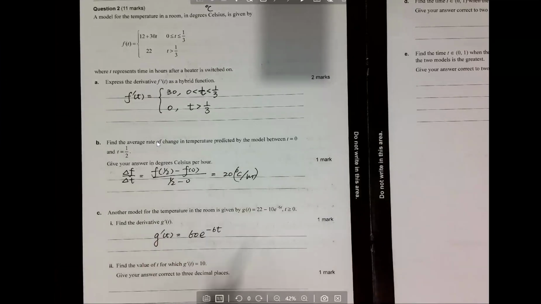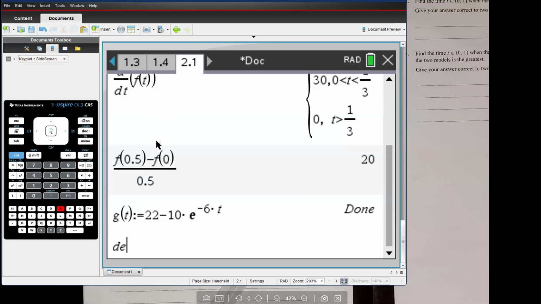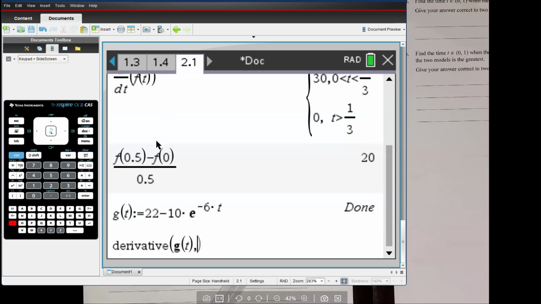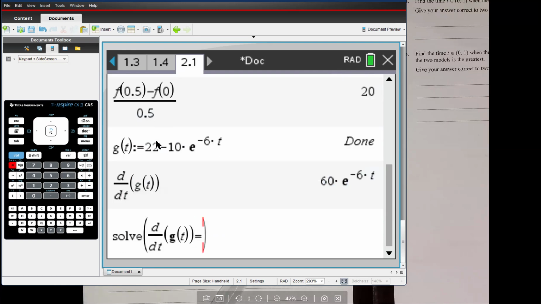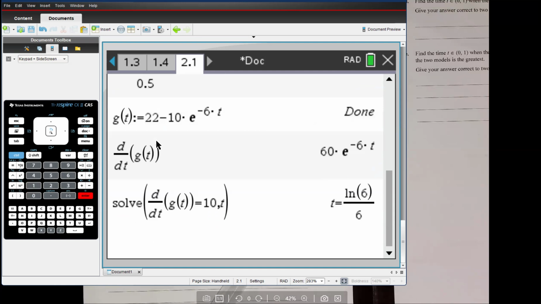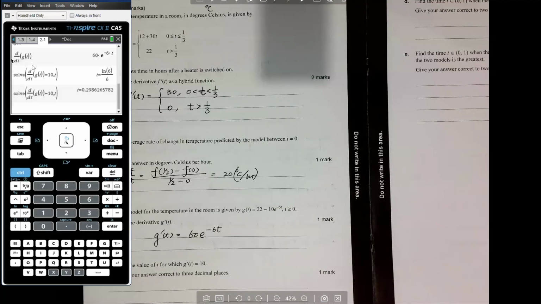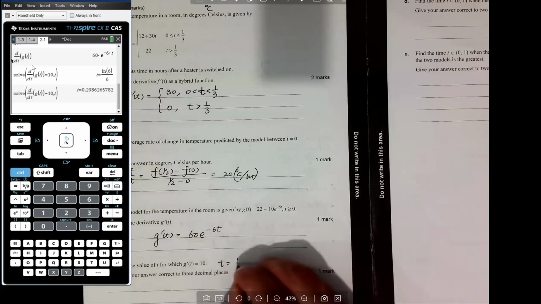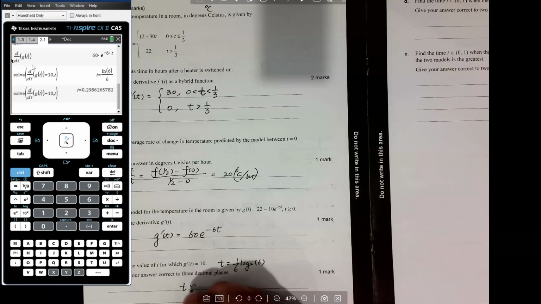Give your answer correct to 3 decimal places. So if I define g of t as 22 take away 10 exponential minus 6t, then take the derivative, g of t with respect to t, yep, 60 e to the power minus 6t. And then solve this equation equal to 10 for t. Natural log 6 over 6, rounded to 0.2986, etc. So t equals 1 over 6 log e of 6.